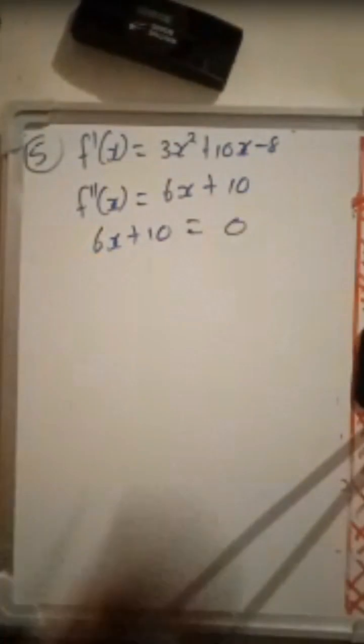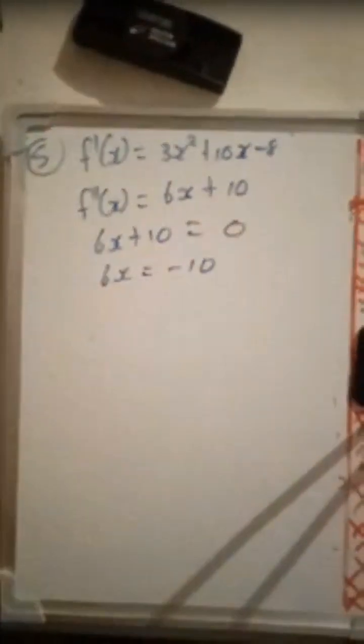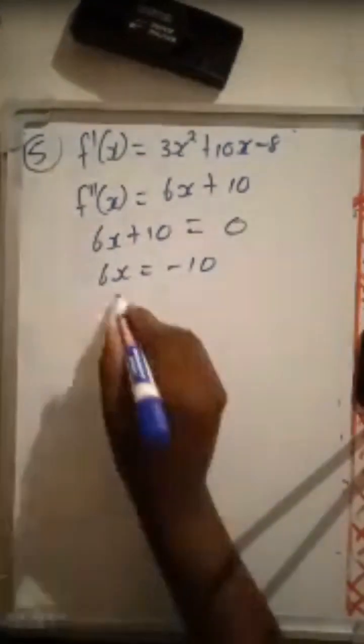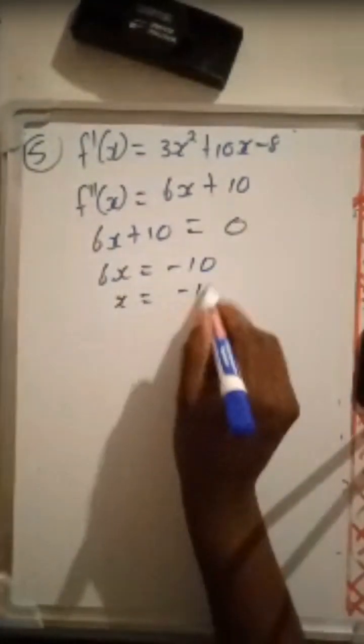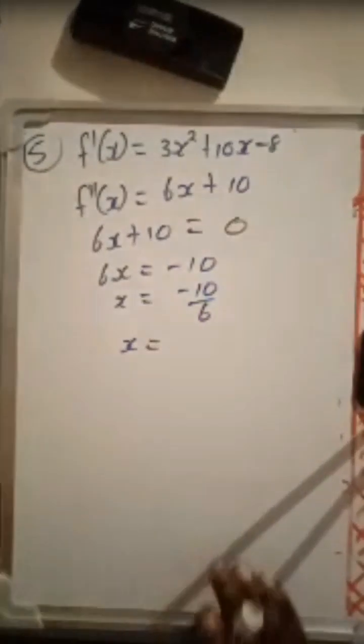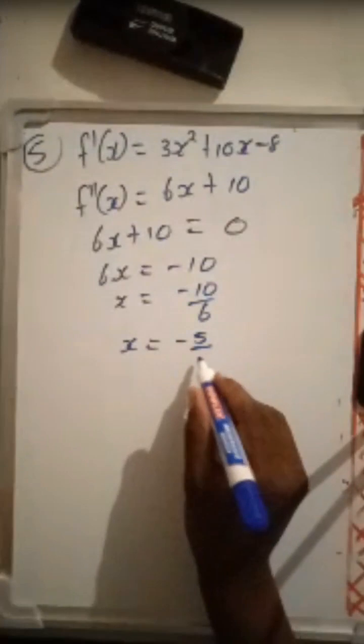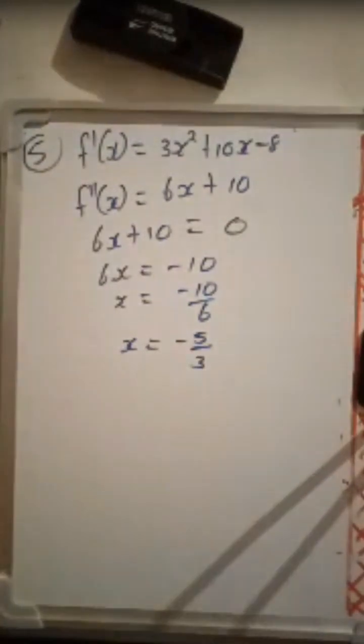Then 6x is equal to negative 10, right? Then x is equal to negative 10 over 6, which eventually gives us negative 5 over 3. So in order to get this, it's so simple. We have the turning points.